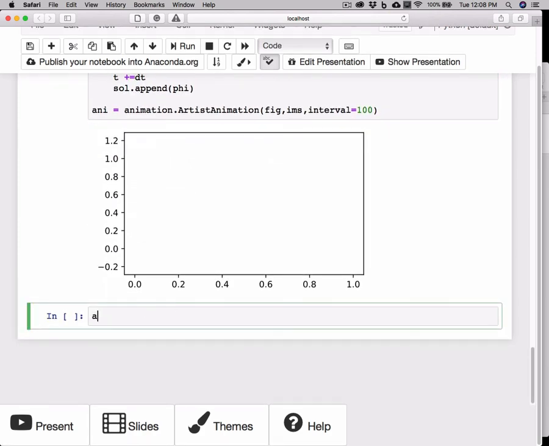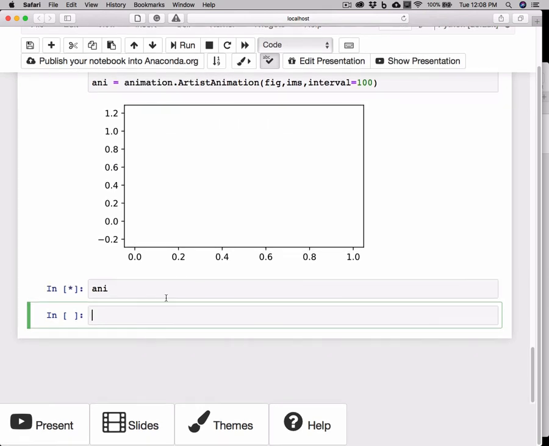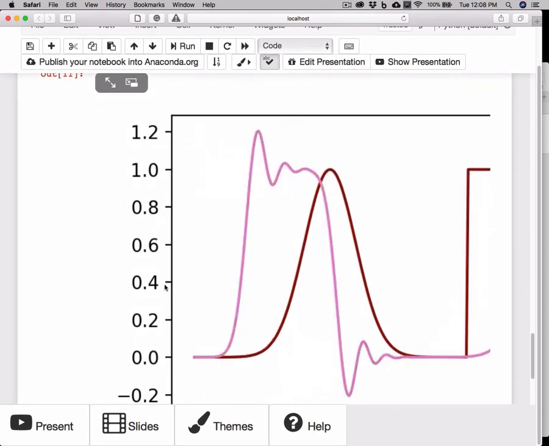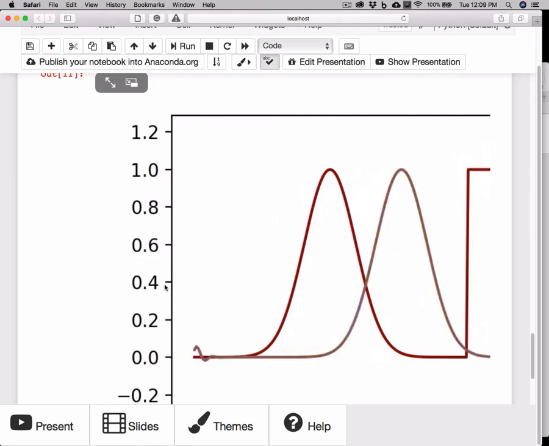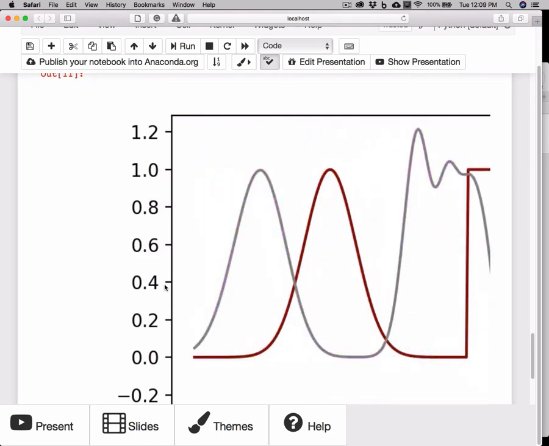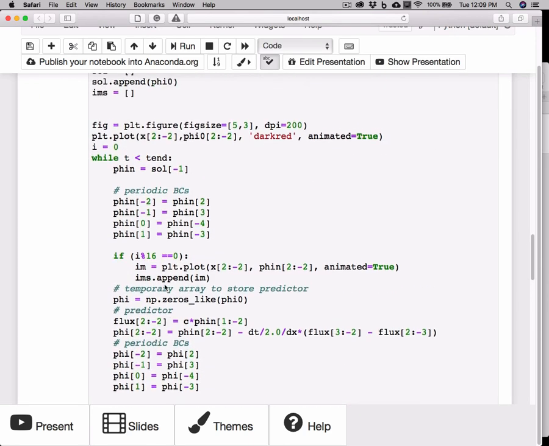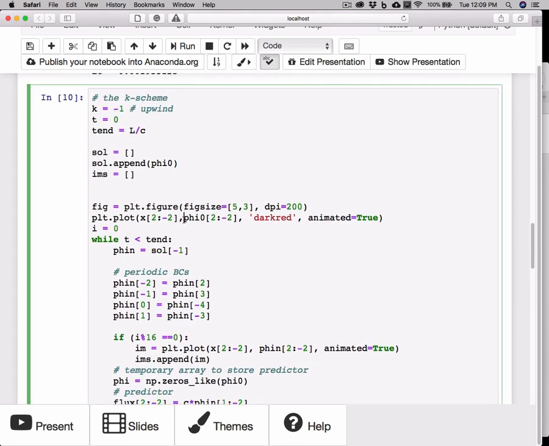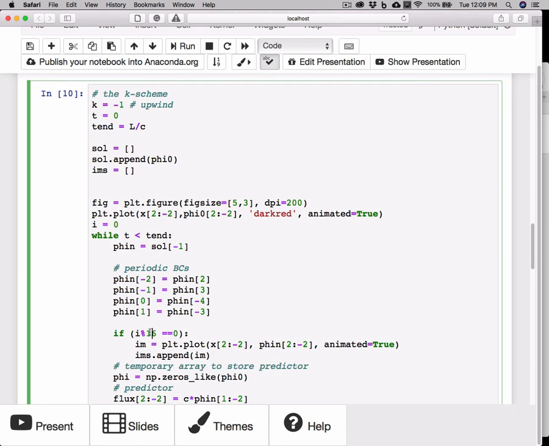Let's see if we print the animation. Okay, so you see the wiggles. They start up very, very quickly. And let me actually get rid of this. Let's keep the initial condition. And maybe plot at every time step.